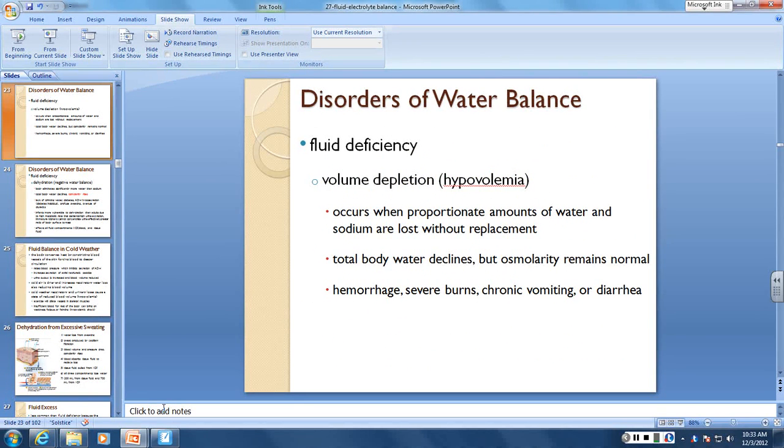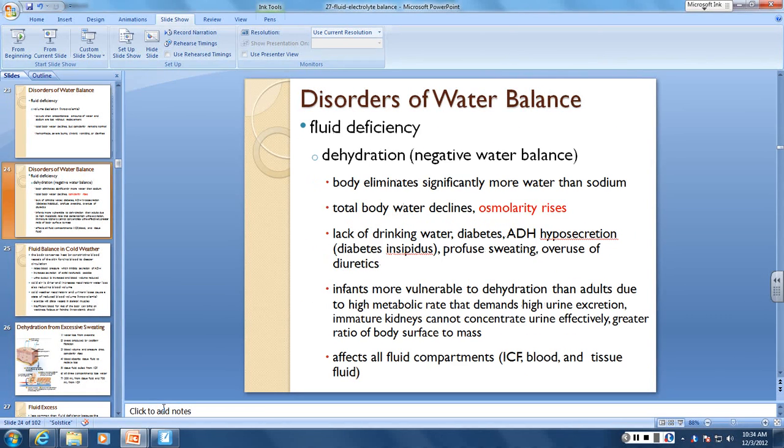So blood volume is too low. And one thing, know the difference between dehydration versus hemorrhaging. So in both cases, blood volume is decreasing, right?